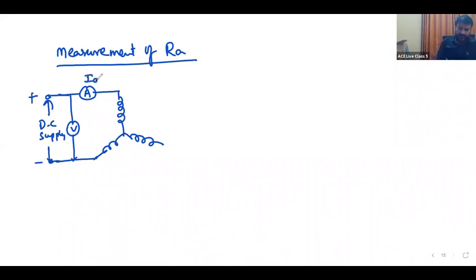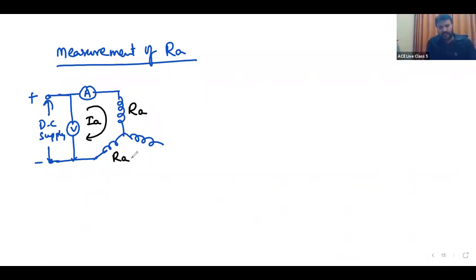This is the armature current and this is the voltage V, or the ammeter reading and voltmeter reading. This is the current Ia. This is the armature resistance. But the other side is open circuited.